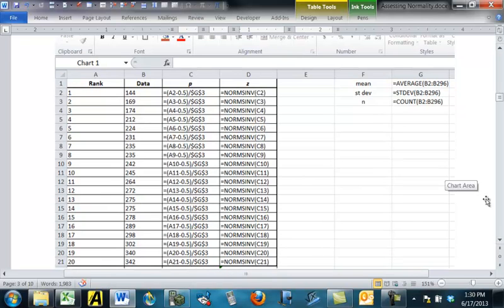Now, to find P, I started in cell C2 and said equals, parentheses, clicked on cell A2, minus 0.5, divide by G3, which was the count. In this case, there are 20 data points, so I could have just said divide by 20.